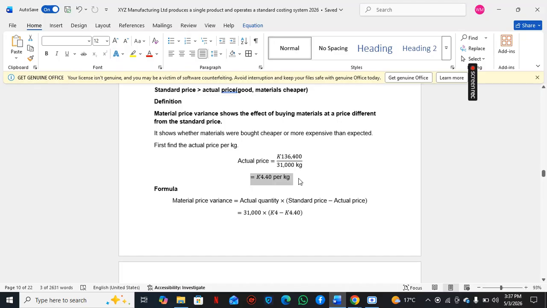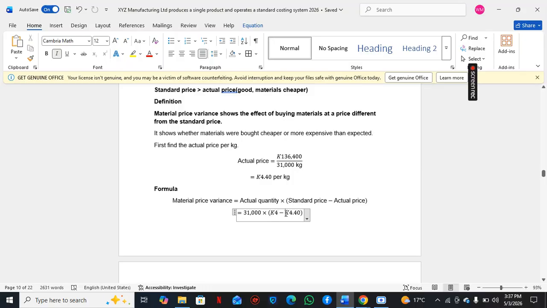According to our standard cost card, we're supposed to pay 4 kwacha for each kg, but in actuality we paid 4 kwacha 14 ngwe. So it means the materials were expensive, and we expect this variance to be adverse because we paid more for the materials per kg.